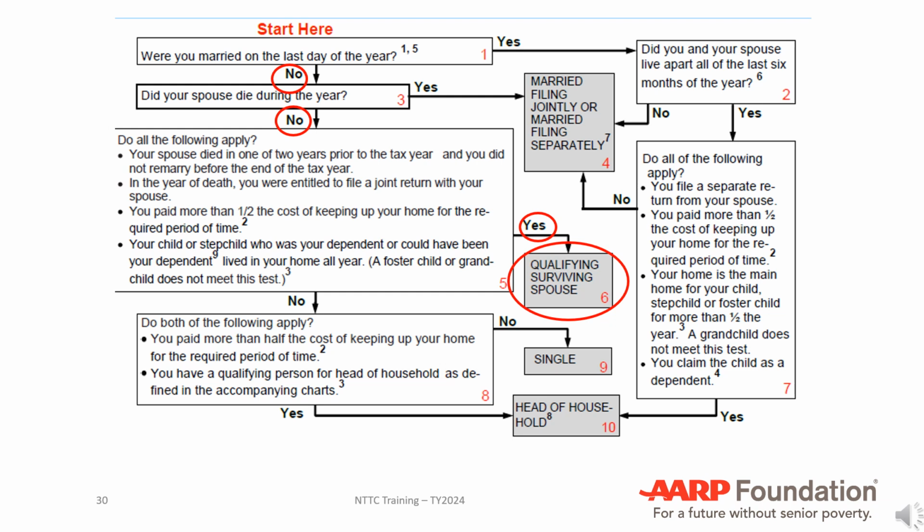And your child or stepchild who was your dependent or could have been your dependent lived in your home all year. A foster child or grandchild does not meet the test. And the answer to that was yes as well. So here you can see that qualifying surviving spouse is the appropriate filing status for Mr. Buck in this scenario. So that works out well for him in 2022.